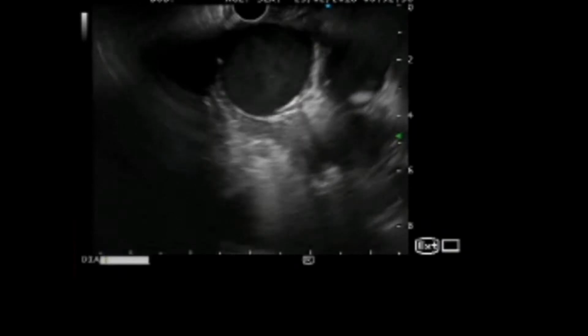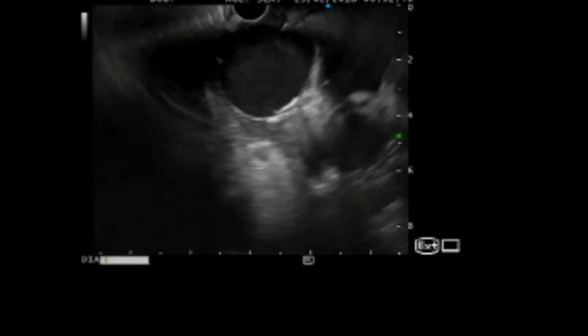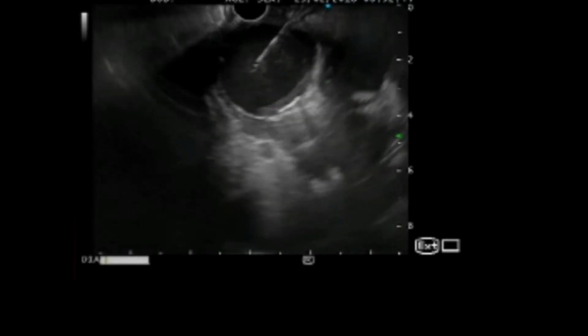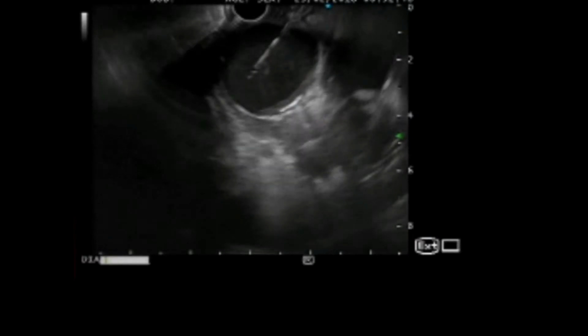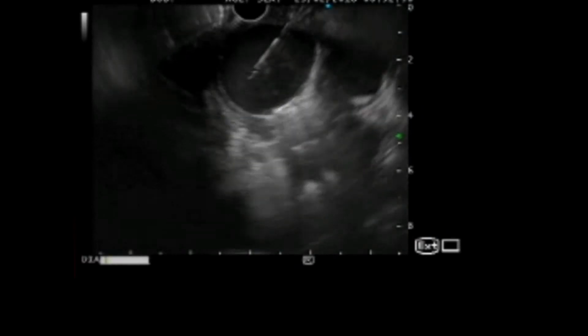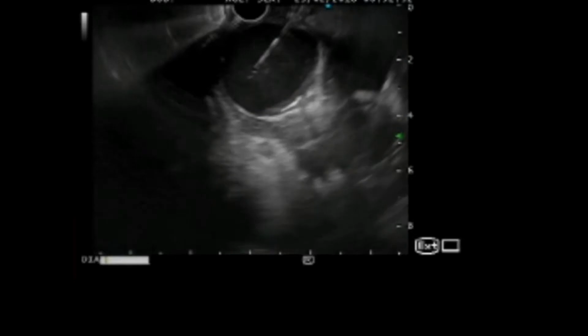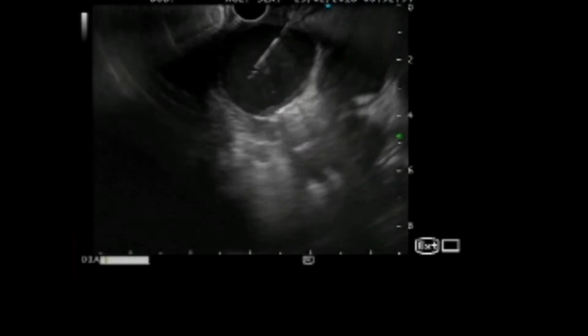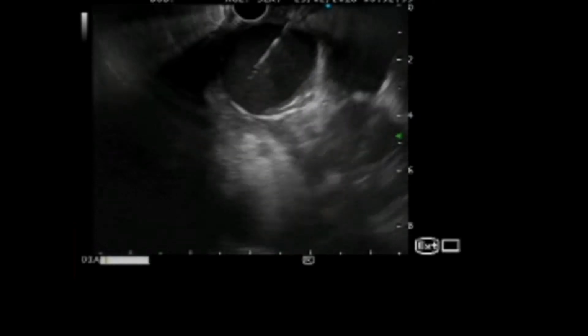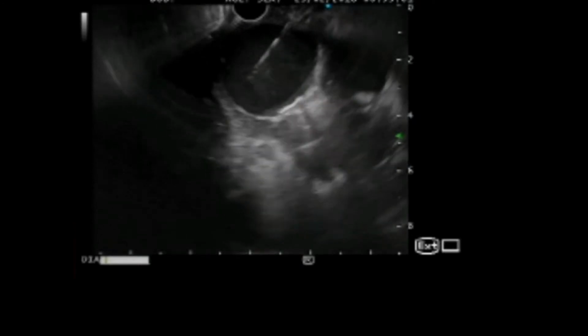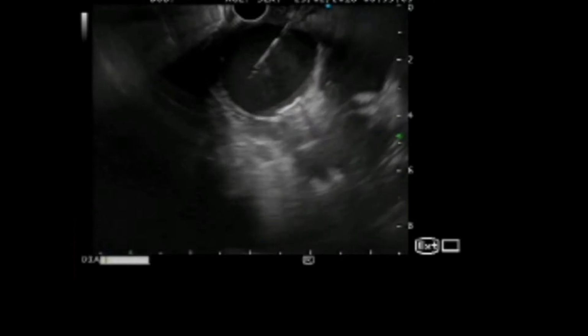Now with the help of a 19 gauge FNA needle, I am puncturing the target lesion. Now you can appreciate the needle in the target aneurysm. Now I am removing the stylet. A jet of blood flow is coming into the syringe.